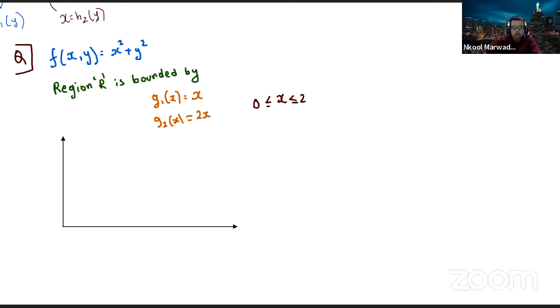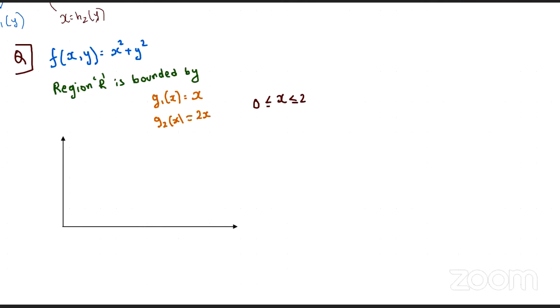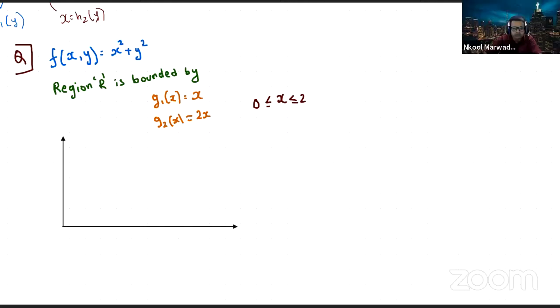So x is basically a line making 45 degrees, and 2x is a line somewhat like this. Now I can write it. Let us suppose this is g1(x), which is equal to x itself.